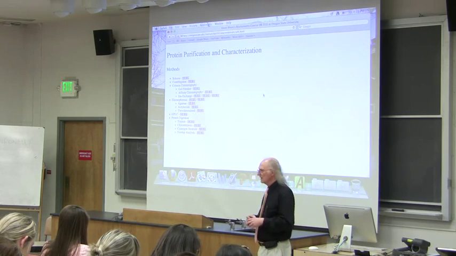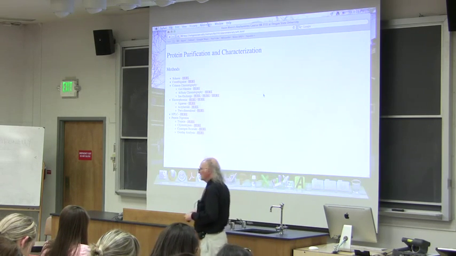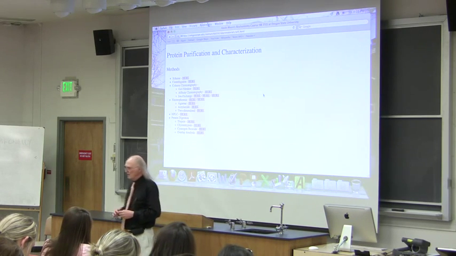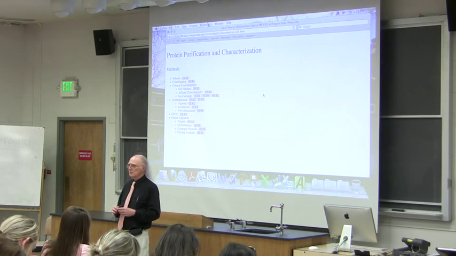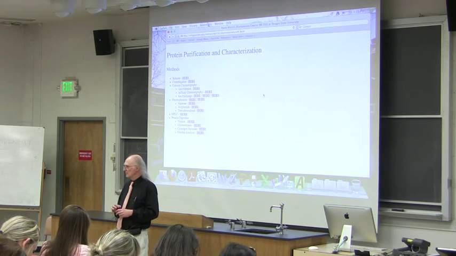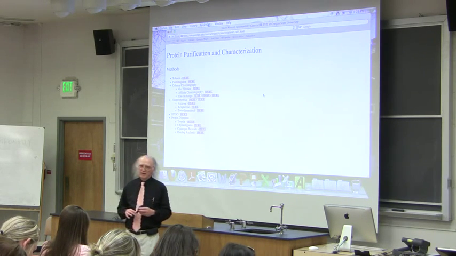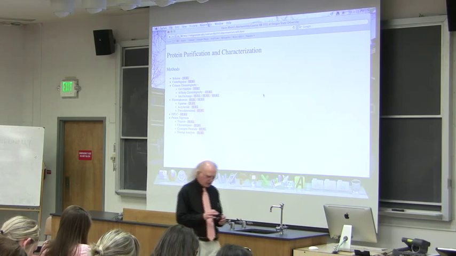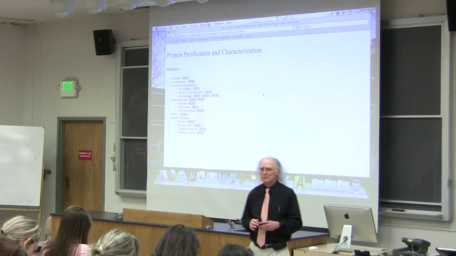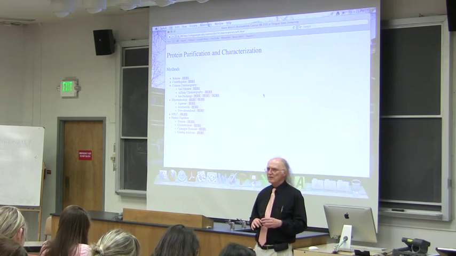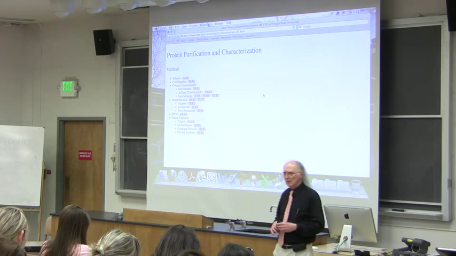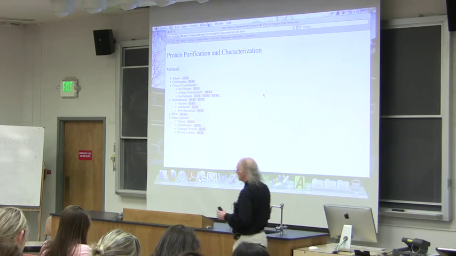This is a technique that allows us to separate proteins on the basis of their charge. I'm not going to tell you how it works because it may confuse you. All that really matters for us to understand is it's separating them on the basis of their charge.